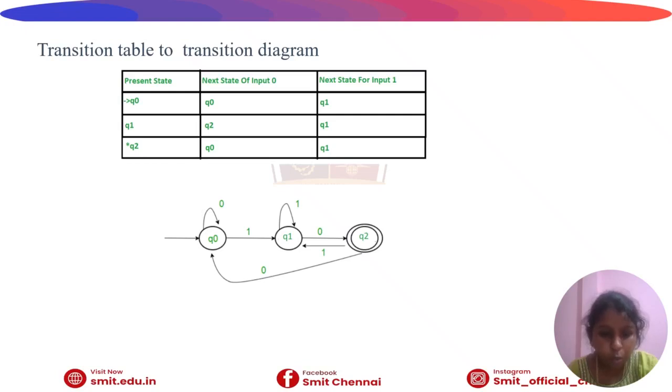When Q1 gets input 0, it goes to Q2, and for input 1, it goes to itself. On the final state Q2, when the input is 0, it goes to Q0, and when the input is 1, it goes to Q1.